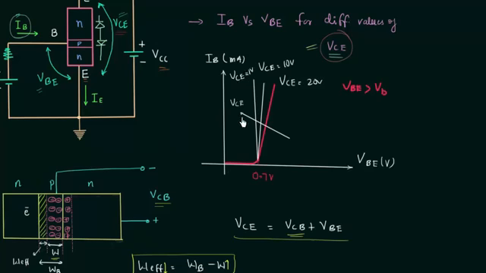So on decreasing the output voltage VCE, the input current IB increases. This is in microamps, and this is the final input characteristics of common emitter transistor. The next thing is the output characteristics.